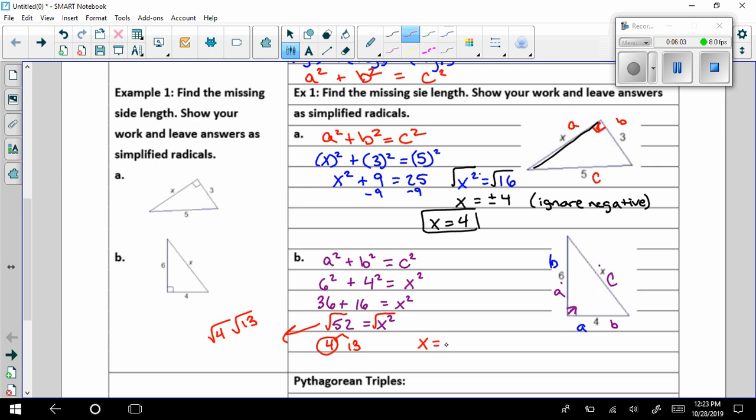So x equals 2 times the square root of 13 because that does not have a square root. So look for perfect squares that go into your number when you're doing that. Okay, so 2 root 13 is the length of this side.